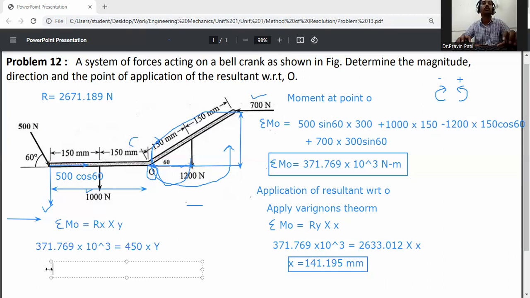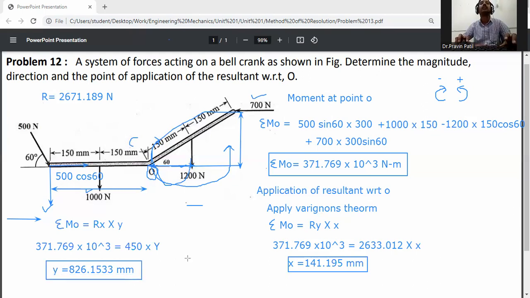From this relation we get y is equal to 371.769 into 10 raised to the power 3 divided by 450, so it will be 826.1533 mm. These are the x and y values.